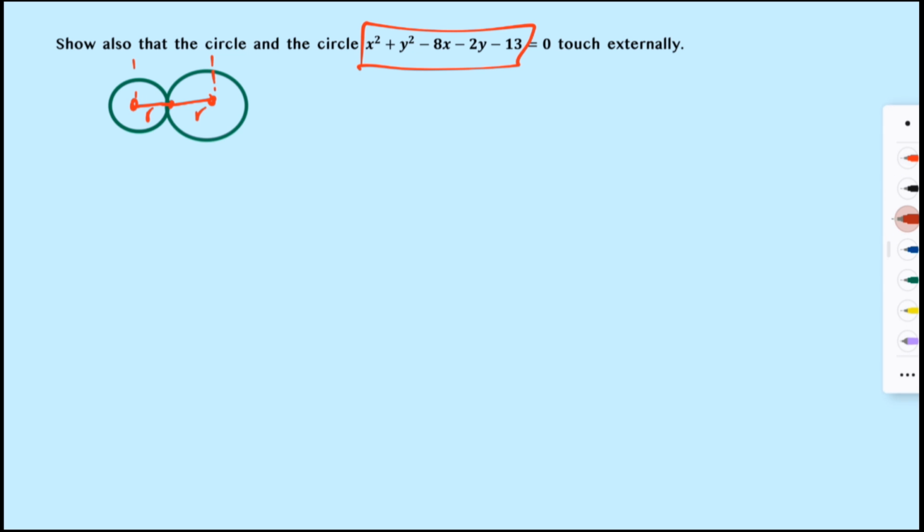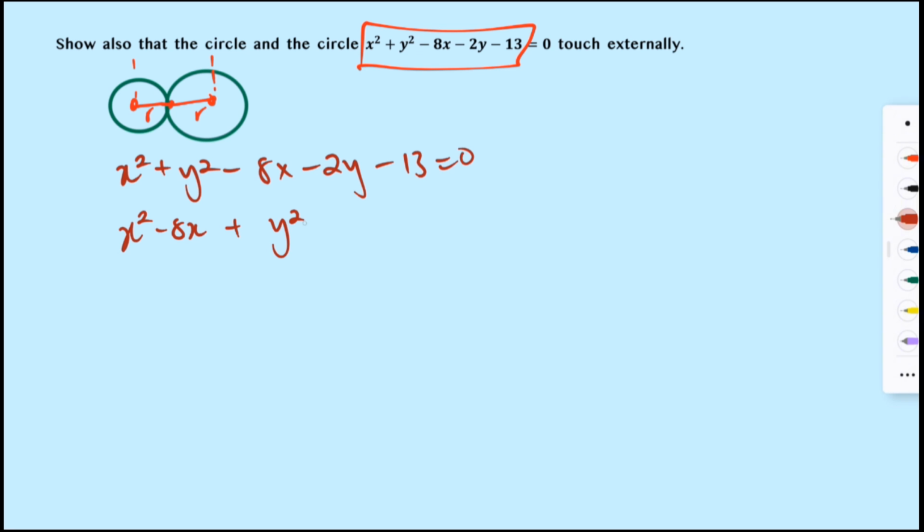All right, so this would be x squared plus y squared minus 8x minus 2y minus 13 equals 0. To complete each of the squares, let's first of all bring the x's together. So x squared minus 8x plus y squared minus 2y, and then we isolate the constant. Completing the square, you find half of 8, square it, add on both sides. So half of 8 is 4.